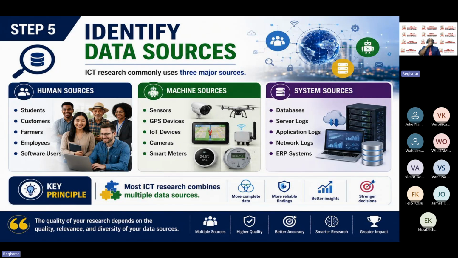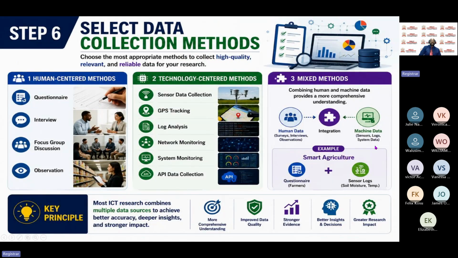The quality of your research depends upon the quality, relevance, and diversity of your data source, a combination of all these things. So multiple sources, higher quality data, better accuracy, smart research, and great impact. From step 5 onwards, you can see small changes happening in ICT research.